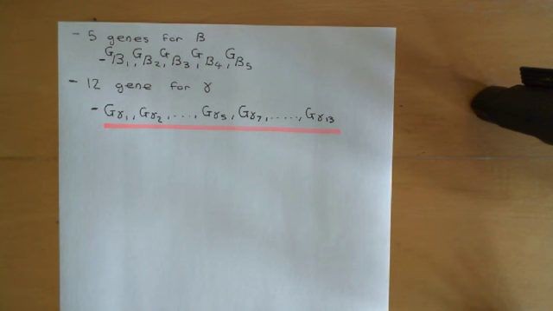Firstly, in this video, what we want to do is go to a slightly more advanced picture of what a heterotrimeric G protein looks like. This is the picture that's going to be useful for us in understanding the activation of heterotrimeric G proteins.